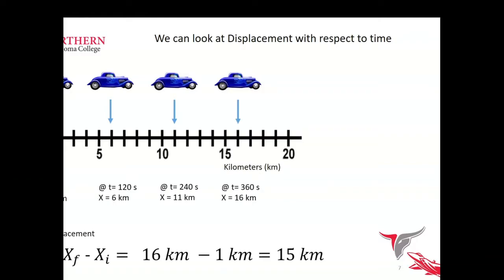We end up at 16 kilometers. I started at 1, so my total displacement is 15. I can put it in a graph and have a position versus time graph.